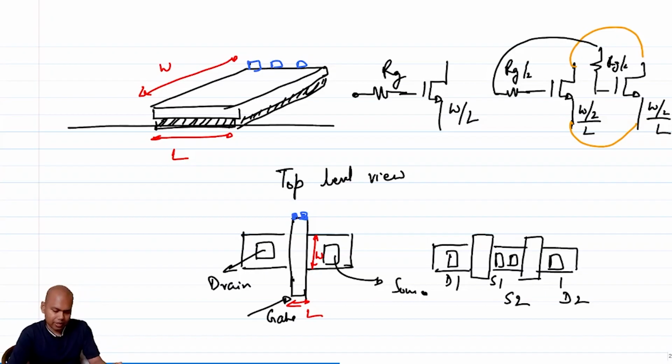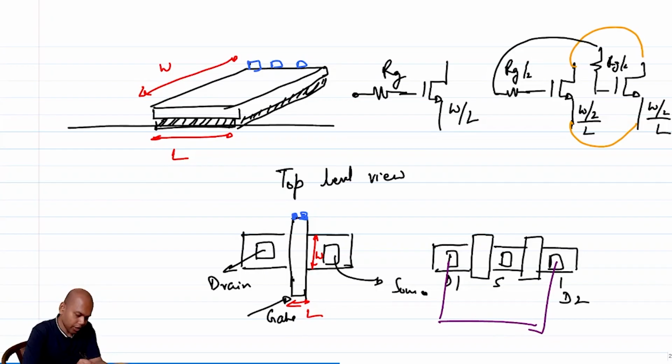Then I can basically say that since S1 and S2 are anyway connected, I can remove this extra stuff and make it a single contact. I call this S1, basically the same source, and D1 and D2 I am going to physically connect with metals. But the key thing to note here is that the L remains the same, right? And these two transistors are in parallel, but the W has gone down by a factor of 2.